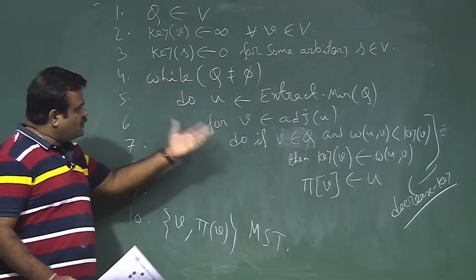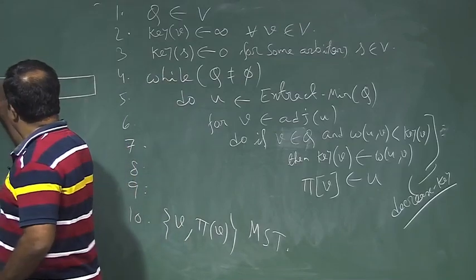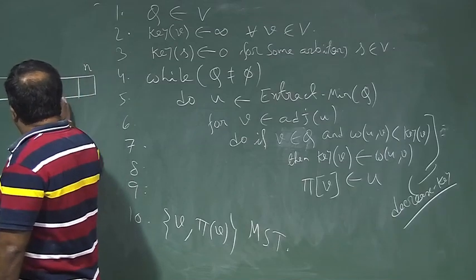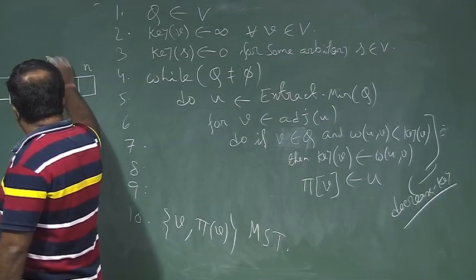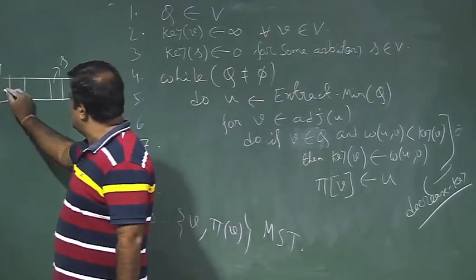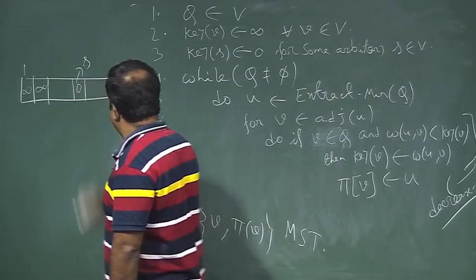If we implement this using an array, this is the array implementation. Suppose we have n vertices and we choose a vertex s, any of these vertices can be s, and initialization is, this is the key value, we are putting everything as infinity except this has 0.